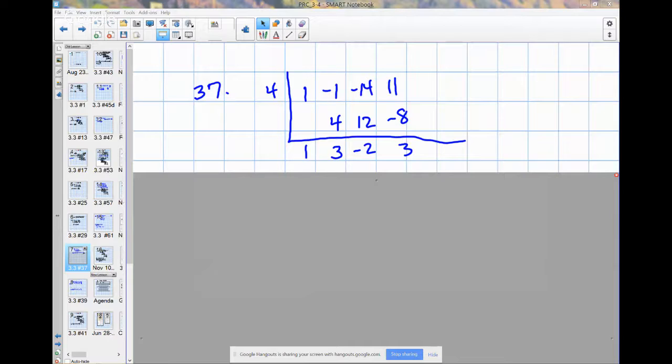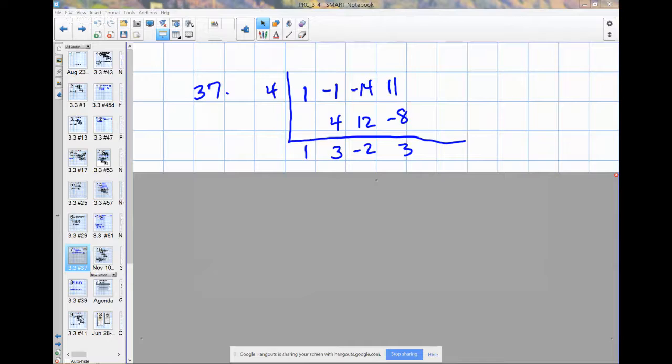But the three categories of questions I got from an email were: do some problems from 37 to 43, that section, then the 49 to 55 section, and the 57 to 64 section. So what I've got up here is the first one from that 37 to 43 section.